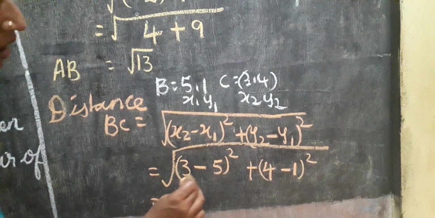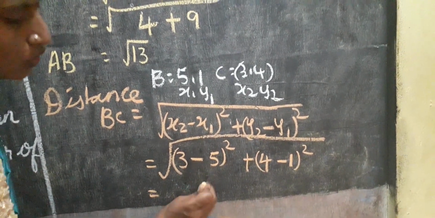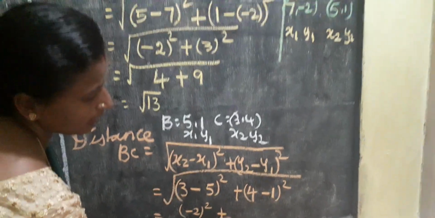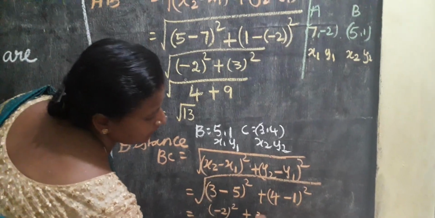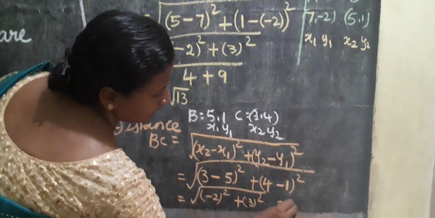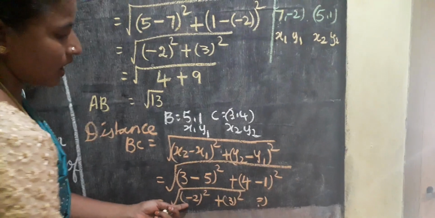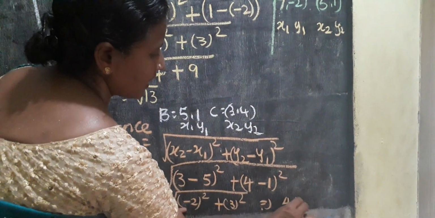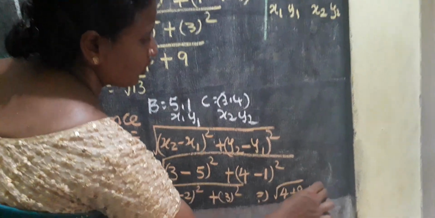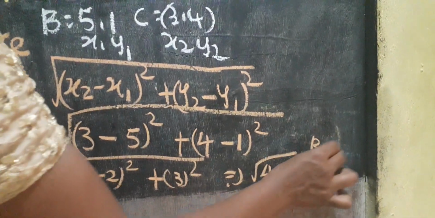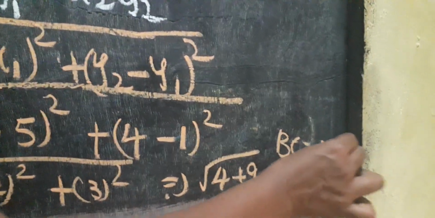Next, 3 minus 5 is minus 2. Minus 2 whole square plus 4 minus 1, which is 3, whole square. Then 2 twos are 4. 4 plus 9. Finally BC is equal to square root of 13.